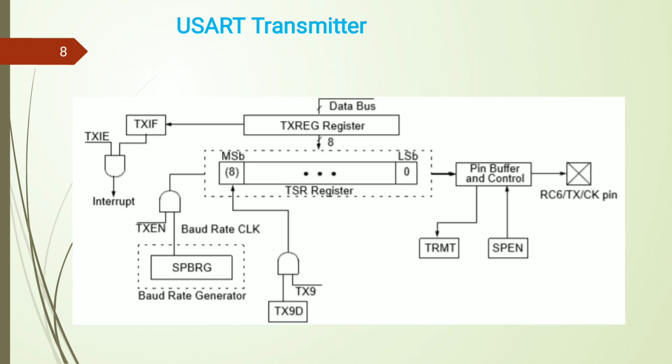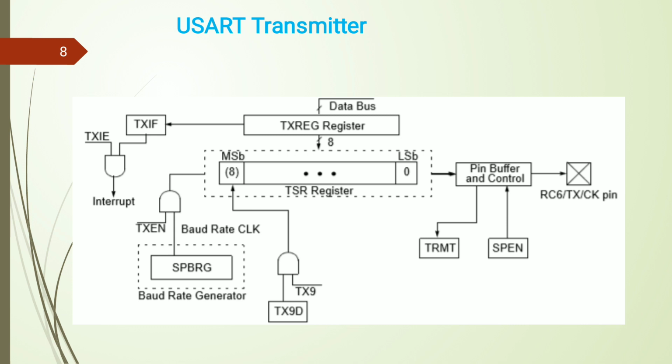Here in this diagram it is mentioned that a transmitter pin at RC6, that is TX, is useful for the transmission of data. But before that, the internal structure is like this. Here we have to select the baud rate, and the count for baud rate is mentioned in SPBRG register along with the TXEN, that is enabling the serial communication, which is required.